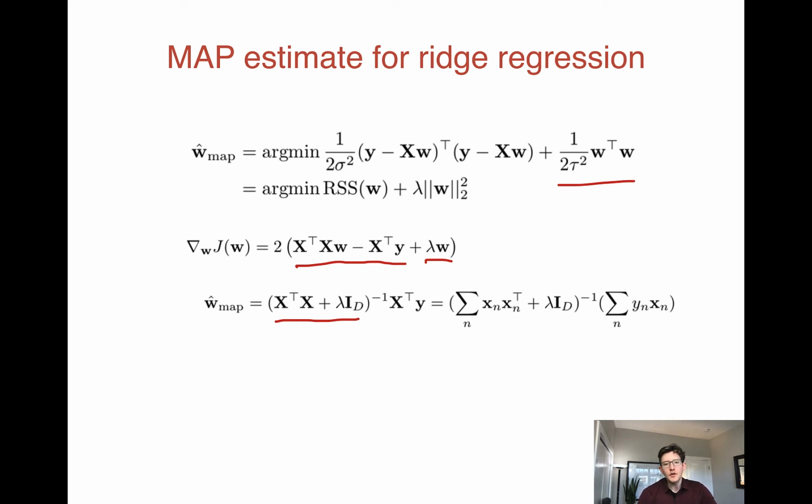But the advantage of this is we retain our closed form estimates. We still get this analytical form for W. Although, by the way, a lot of those numerical issues that would cause us to use some of those other optimization methods still apply in the case of ridge regression. And again, we're not going to talk about those here.